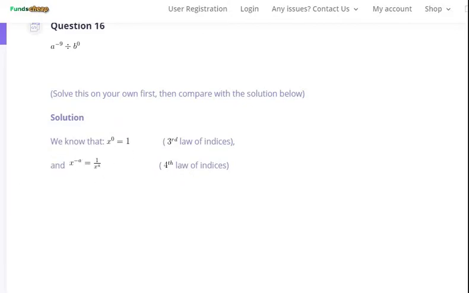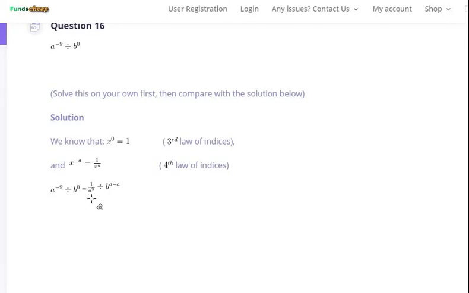So let's proceed. What you have next is a raised to power minus 9 divided by b raised to power 0, which equals 1 divided by a raised to power 9. Just like you see here, to change this exponent to positive, x raised to power minus a becomes 1 divided by x raised to power a. So a raised to power minus 9 becomes 1 divided by a raised to power 9, divided by b raised to power 0.